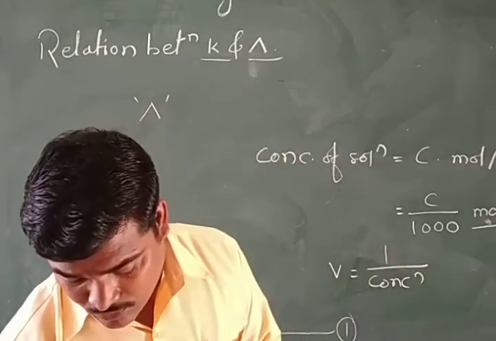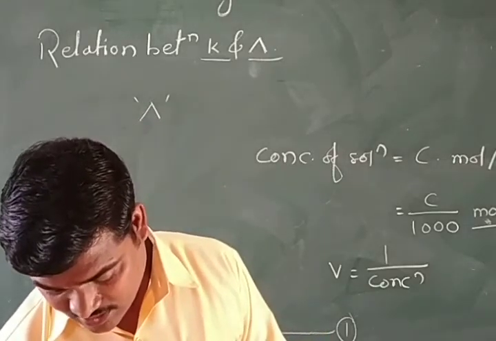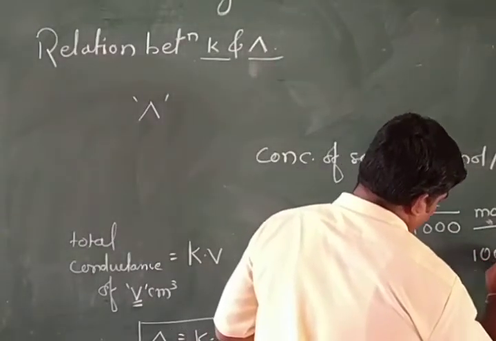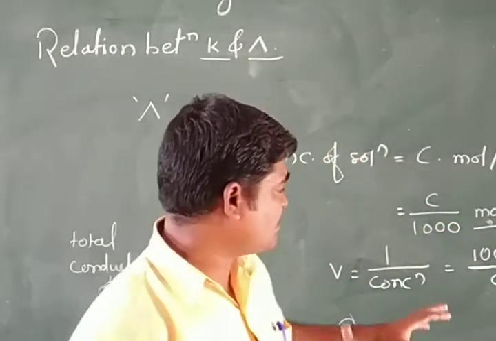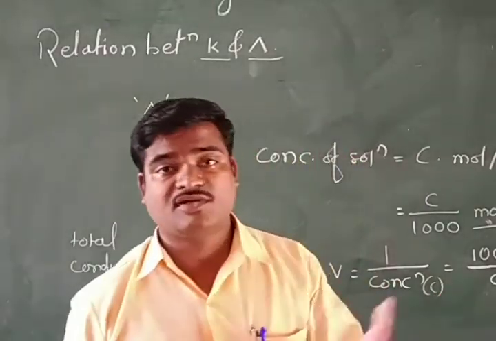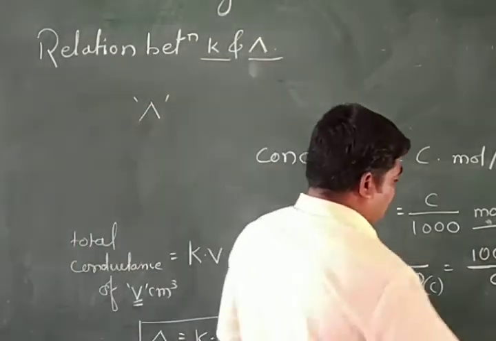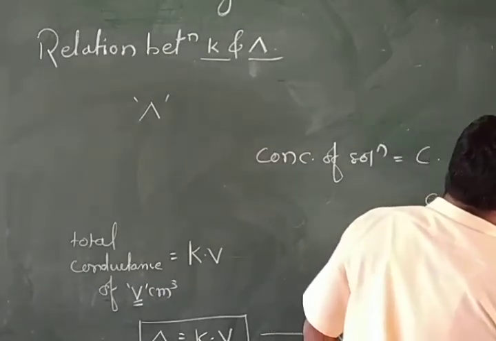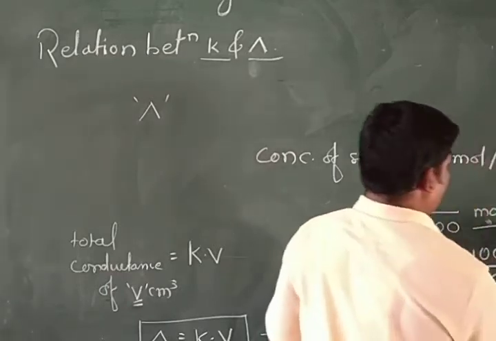Putting in all the terms, it becomes 1000 divided by C. Why? Because we have inverted the value of concentration. The unit becomes cm cube into mole raised to minus 1, opposite to the earlier one.